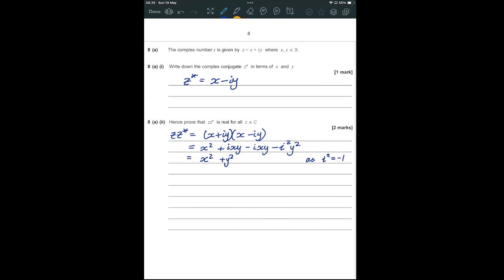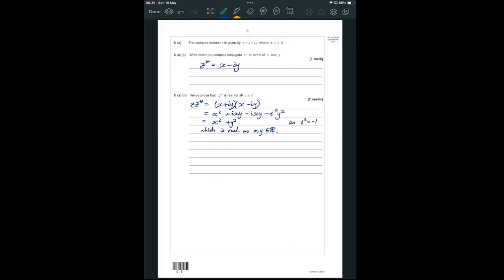So I wouldn't normally do that for any algebra, but because it's a proof I have. And then I've got that, which is real, as x and y are real. So you take two real numbers, you square them and add them, you're going to stay real. So I've proved there that ZZ star is real.